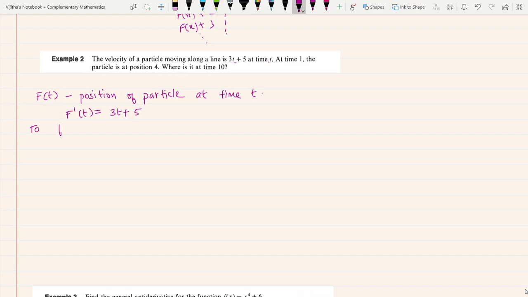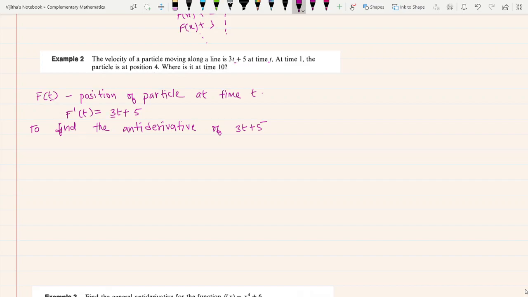To find the antiderivative of 3t plus 5, you see that if F of t is the position, its derivative F dash of t is the velocity.